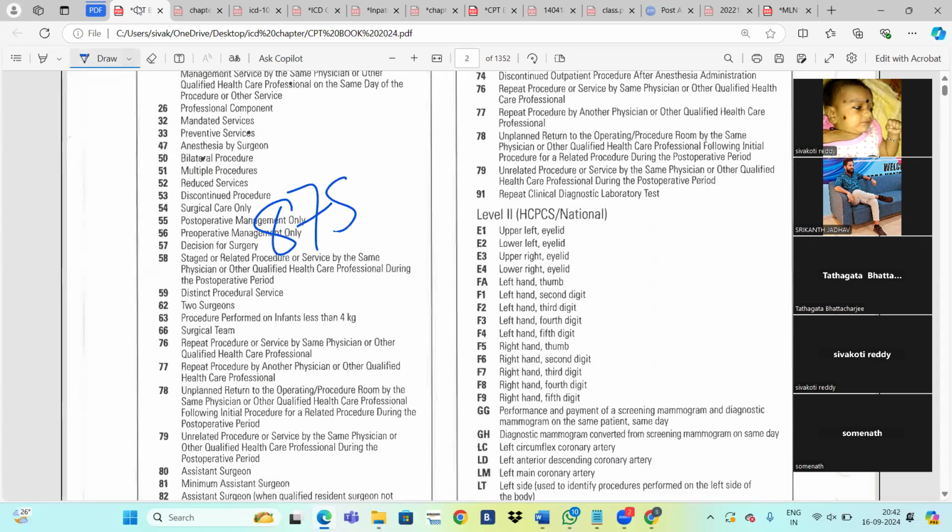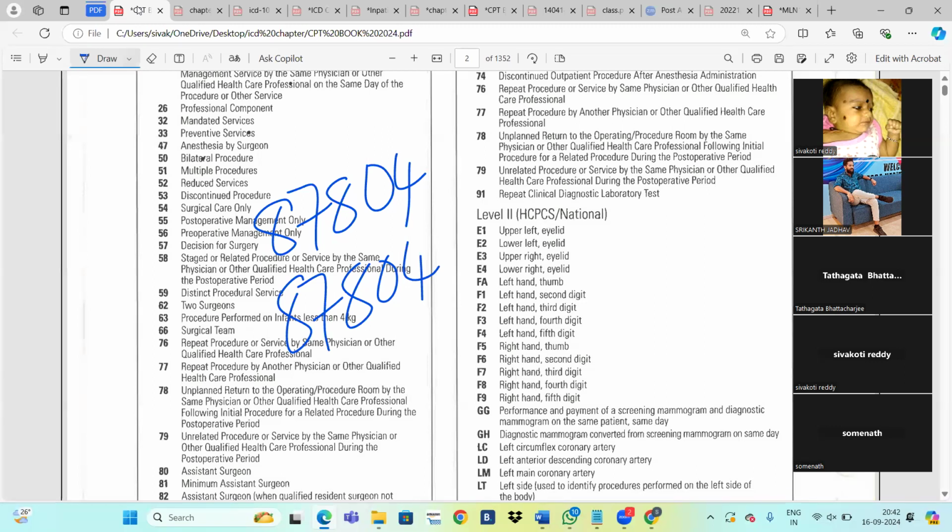Suppose they did 87804 on a separate encounter, but the same day. Same day they repeated it.